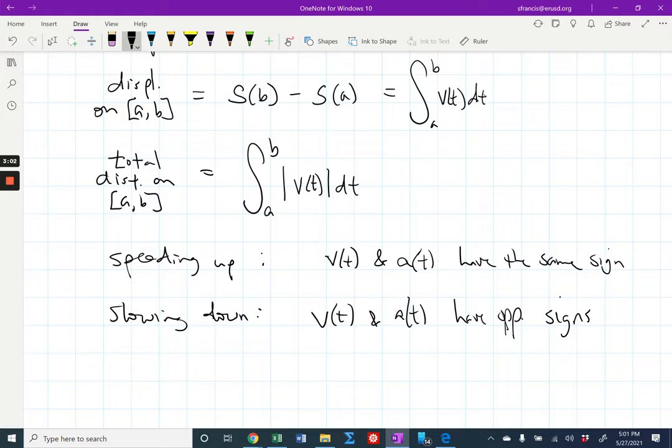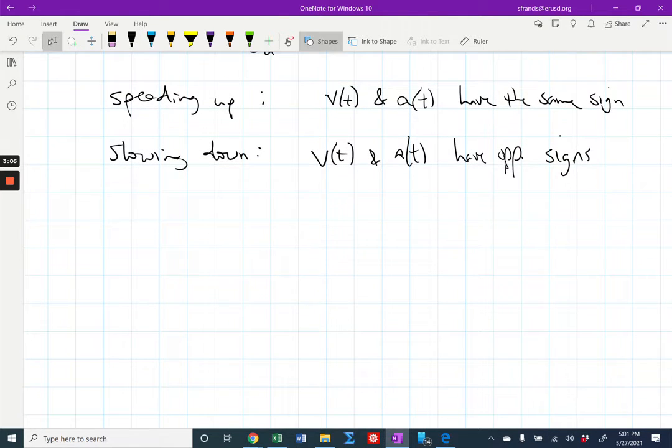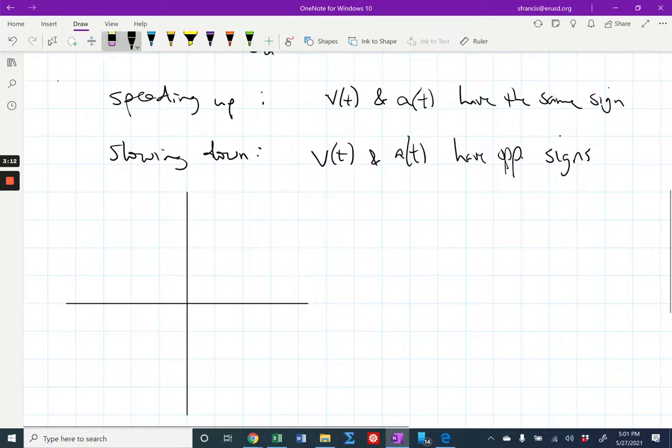One last thing I want to remind you of is if we're talking about the XY plane, so let me get just a small little XY plane here, and I have some vertical distance between some point here and some point here. The way I would calculate that distance is top minus bottom.